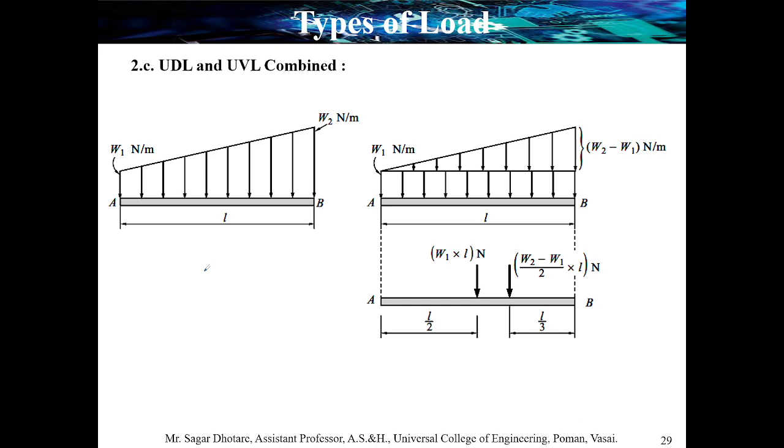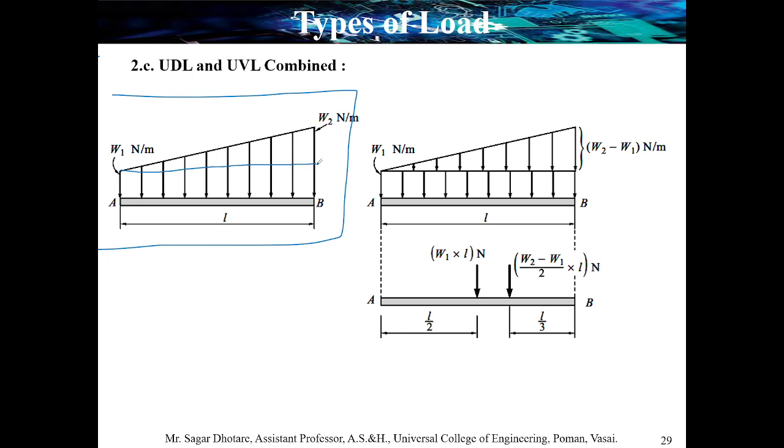Now look here, we have converted the combined uniform distributed load and uniform variable load into two single point loads. Let us consider a simple example. This is the given example. We know that W is uniformly distributed in this area.